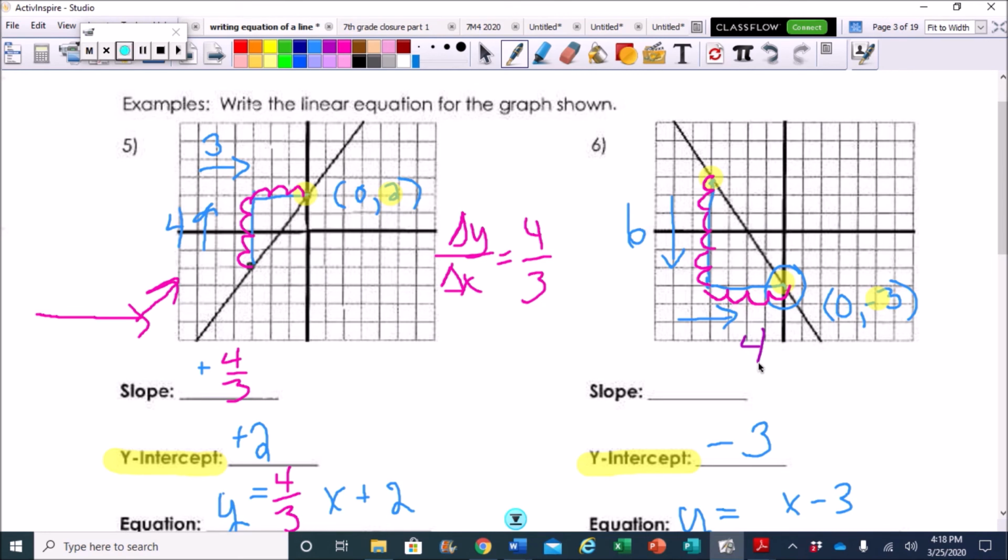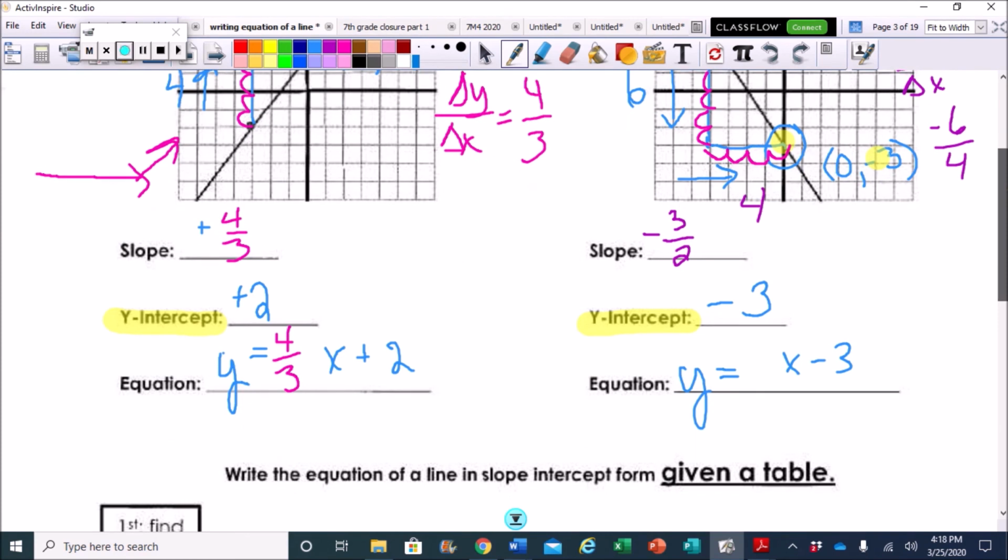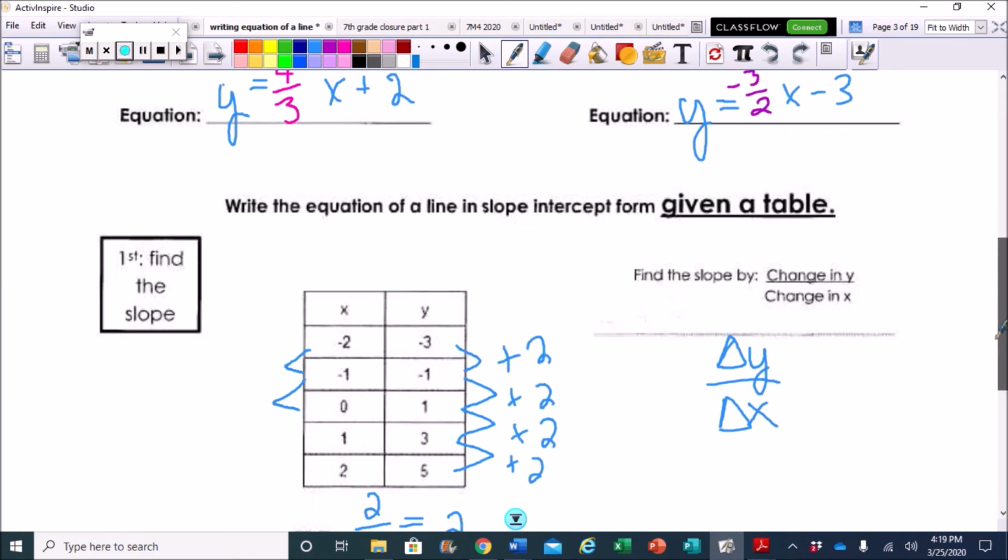So that means my delta y over my delta x is -6/4. And that reduces down to -3/2. And I know that it goes down because as I go from left to right, it goes downhill. So it's a negative. So then I put it all together, and my equation is y equals -3/2 x minus 3.